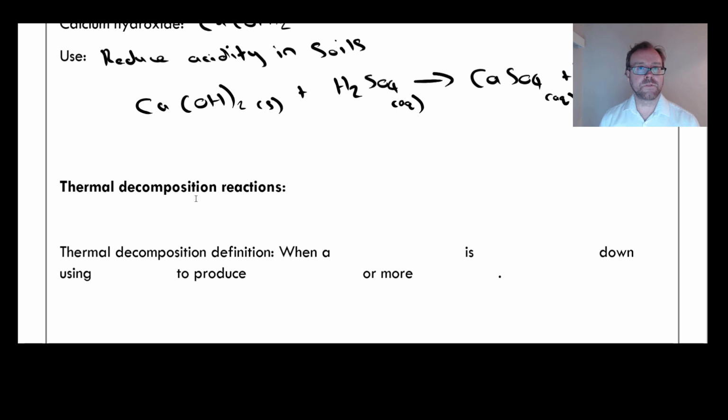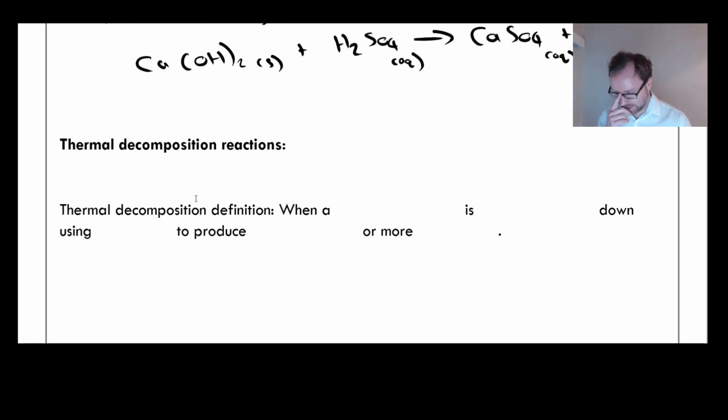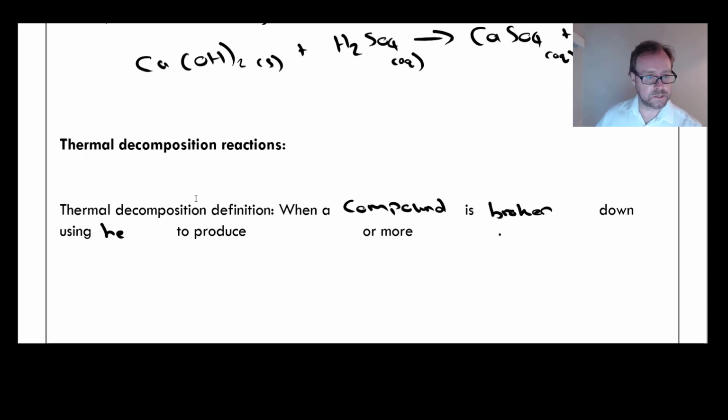Okay, moving on. So, thermal decomposition reaction. Our definition of thermal decomposition is when a compound is broken down using heat to produce two or more products.